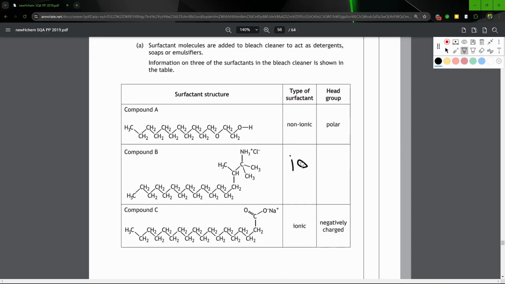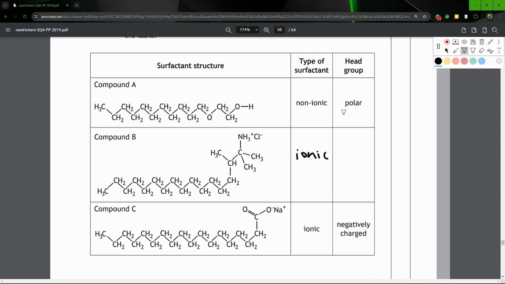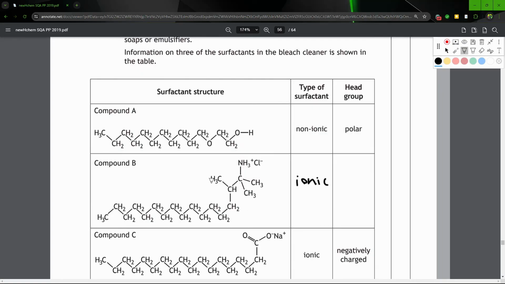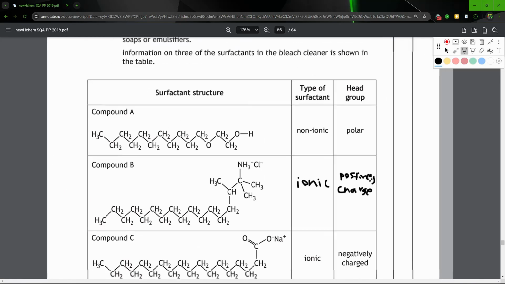So let's go and say ionic. And then for the head group, we need to have a look here and see if there's anything going on. It looks like it's going to be positively charged, because it's attracting that chloride ion.